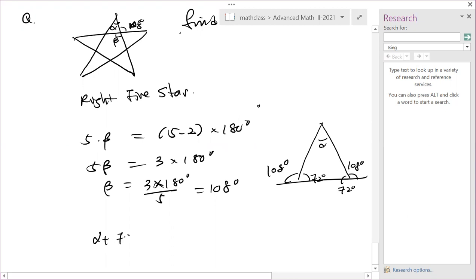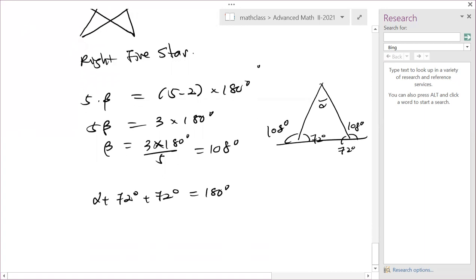So alpha plus 72 degrees plus 72 degrees is 180 degrees. That's a two-step problem. So alpha is going to be 180 minus 72 minus 72, which is 36 degrees. Right, 36 degrees is the answer. Great.